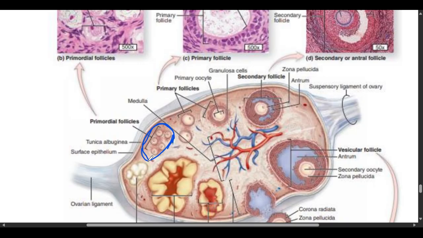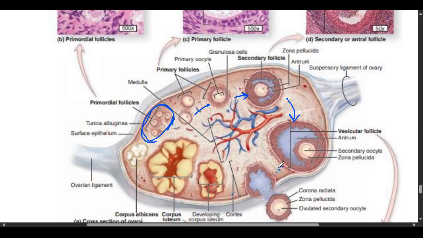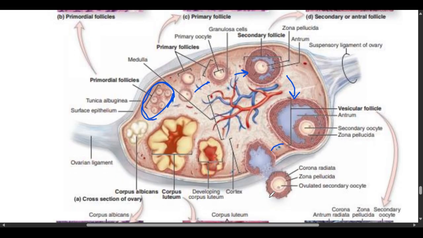After puberty, you're going to be seeing primary follicles together with secondary follicles, so these are primary follicles growing into secondary follicles as the fluid accumulates, and then at the end you're going to be having mature Graafian follicles, which are going to be releasing this mature oocyte at ovulation. So that's basically what is happening in this picture here. Primordial, primary follicles, secondary follicles.